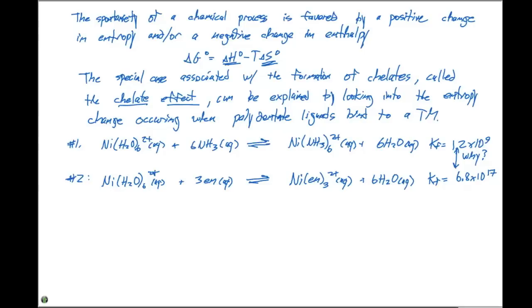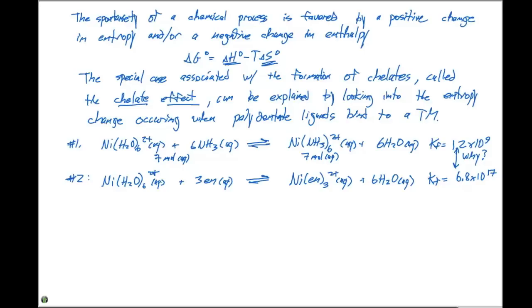If we look at all the species in each of these equations, for reaction number 1, we have 7 moles of aqueous ions in solution on the reactant side. On the product side, we also have 7 moles of aqueous ions in solution.